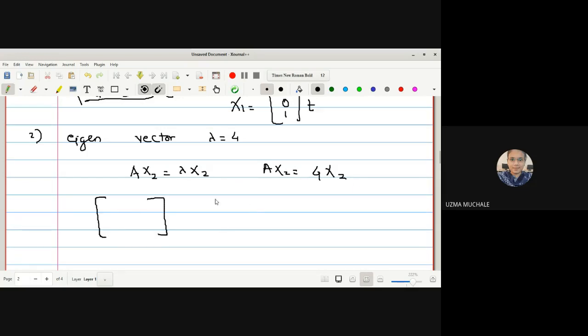Write the matrix A. Here, instead of x1, x2, x3, we will write x, y, z, since x1, x2, x3 we have already used. This is 4x, 4y, 4z. And A is 5, 0, 1; 0, minus 2, 0; 1, 0, 5.